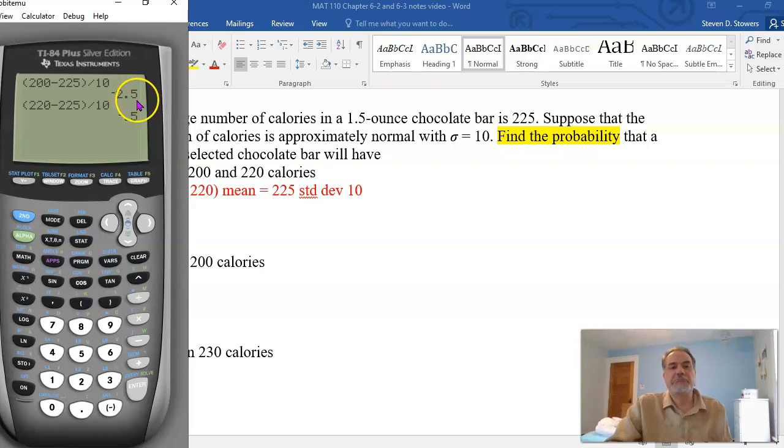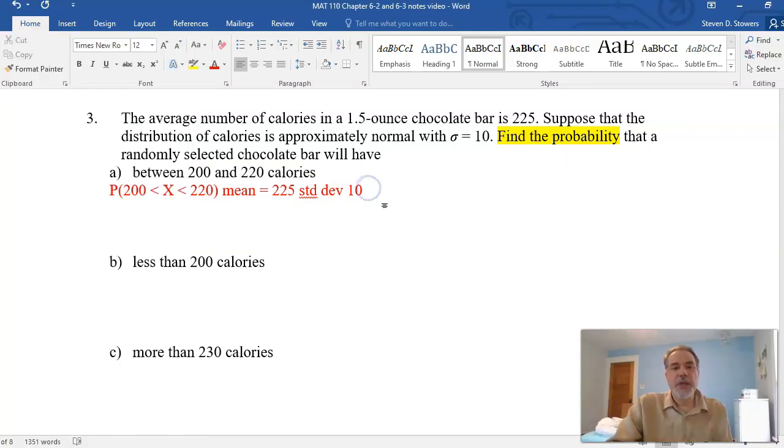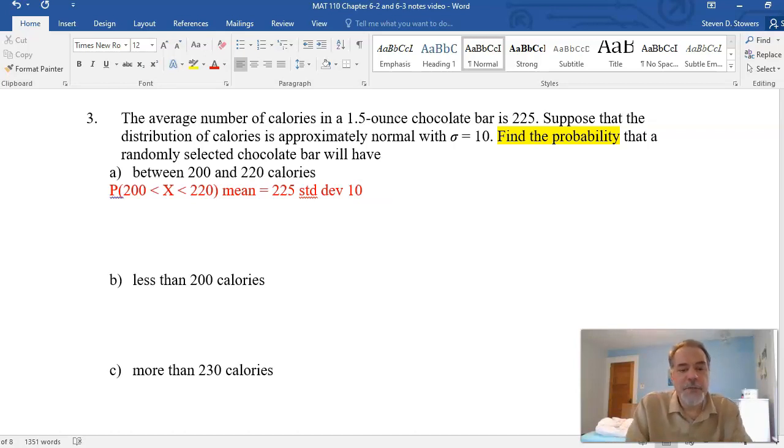Here it came out so that we didn't have to worry about rounding. So in terms of z-scores, the z-scores go from negative 2.5 to negative 0.5.